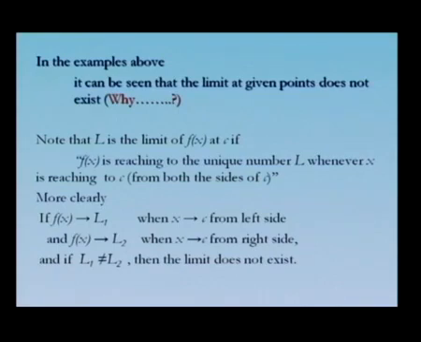More clearly, if f(x) tends to L1 when x tends to c from the left side, and f(x) tends to L2 when x tends to c from the right side, and if L1 is not equal to L2, then the limit does not exist. That means the limit will exist only if L1 equals L2.